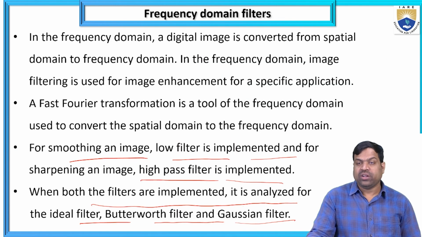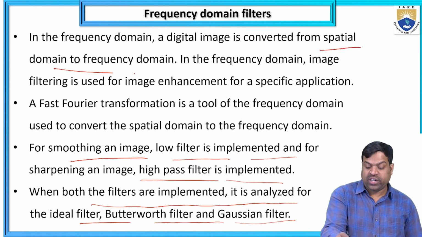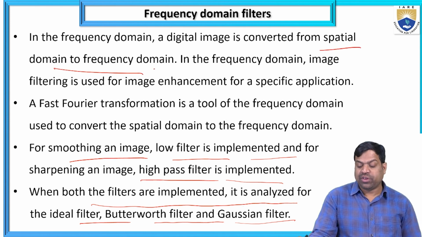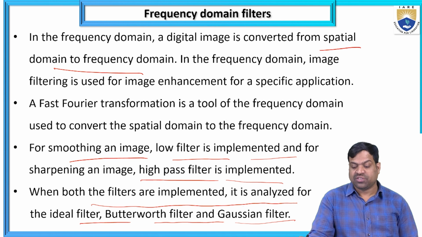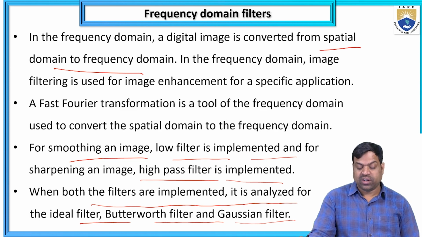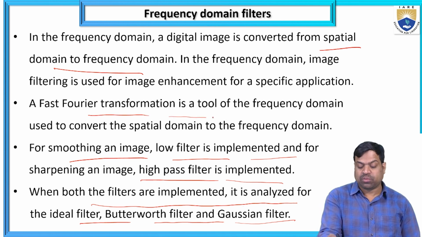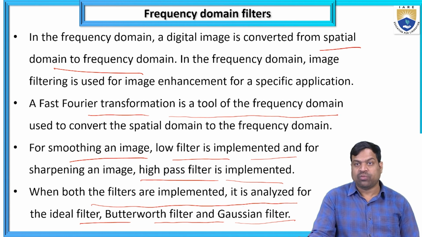So, in the frequency domain, digital images are converted from the spatial domain into the frequency domain. In the frequency domain, an image filter is used for image enhancement for a specific frequency range. And the fast Fourier transform is a tool used to convert the spatial domain into the frequency domain.